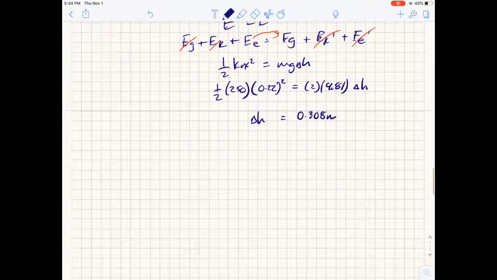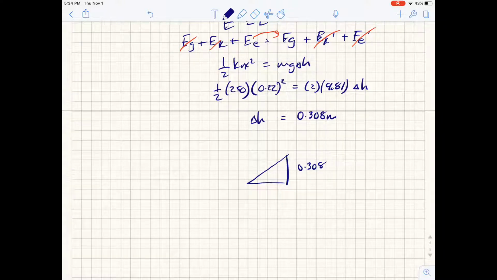So let's redraw this diagram then. We know that delta H is 0.308. We know that we have a 30-degree angle. And how are we going to find the length of the hypotenuse? That's right, folks. I see that hand back there. We're going to use the sine of theta is equal to the opposite side divided by the hypotenuse.